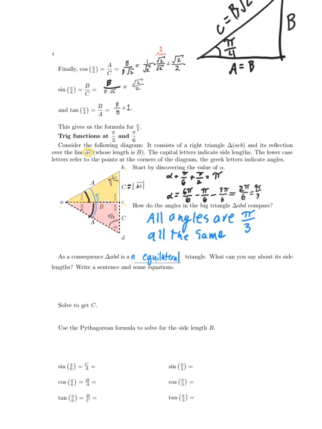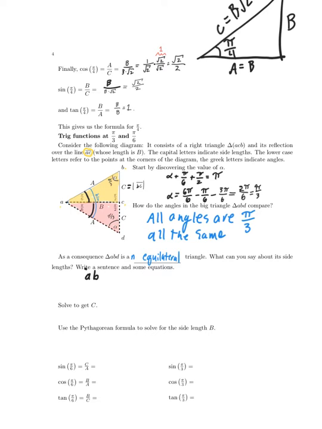What does that mean? That means all of the side lengths are the same. Let's write down all the side lengths. So that means that this side length A must be equal to this side length 2C, which must be equal to this side length A. Well, maybe I'll write it as a sentence first.